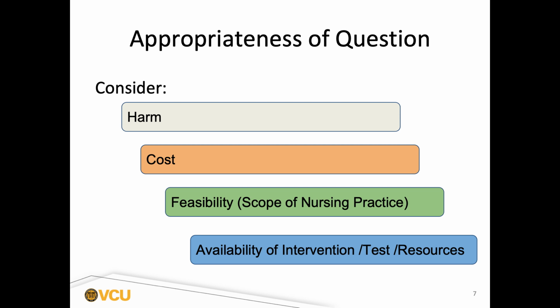A third thing is feasibility. Is your question or problem something that's feasible for you to solve, especially as it pertains to nursing scope of practice? There are many problems out there that nurses will look to solve that are not within their scope of practice and are much harder for them to change.